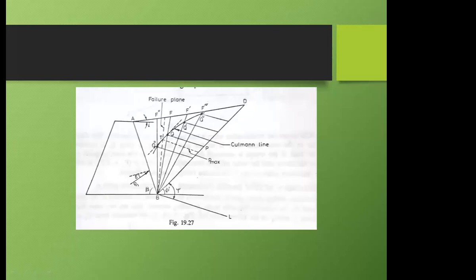So by using Coulomb's theory we calculate the weight, that is W, and we represent that on the graph. The psi angle should be beta minus delta, and psi is the angle made by the line BL.